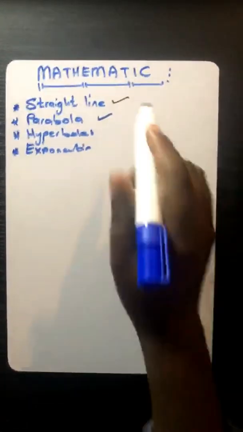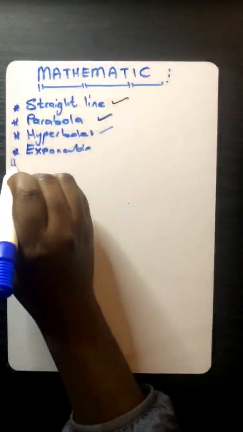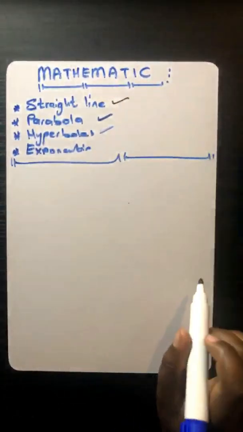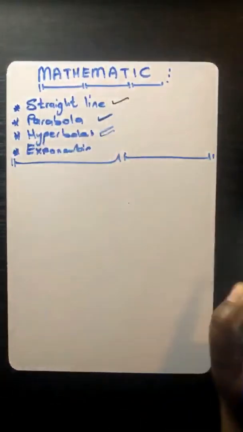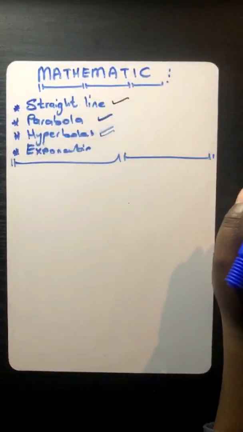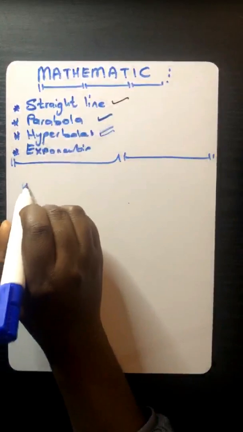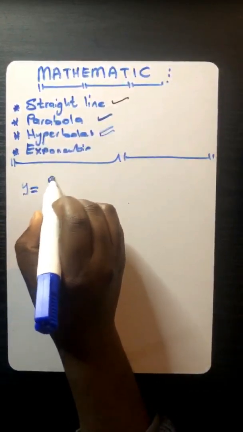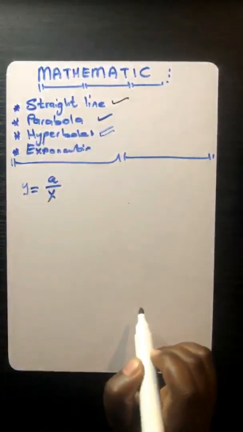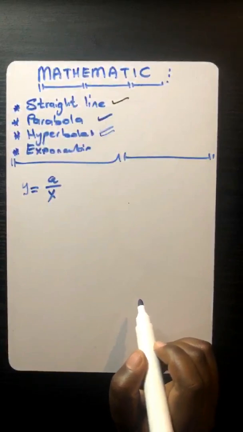So, let me quickly go through the hyperbola. Remember, guys, I've already done a lesson where I talked about the hyperbola. This is where the function for the hyperbola started from, at a baby stage, as y equals a over x.